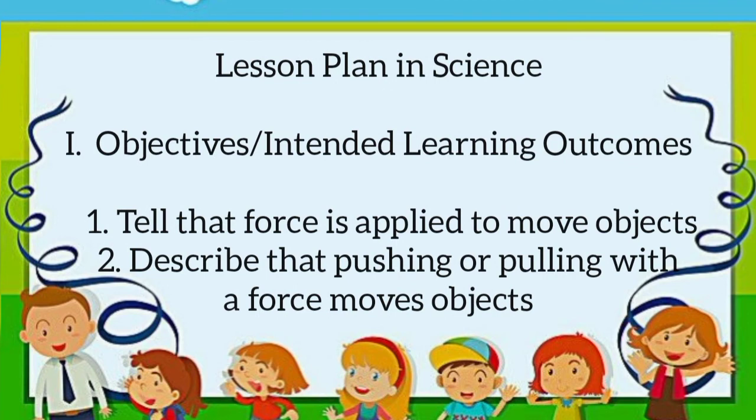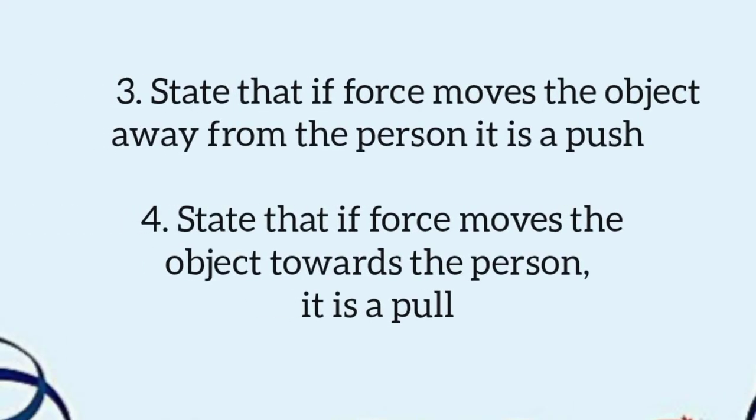The first part is the objectives or the intended learning outcomes, and it has four ILOs, which are: tell that force is applied to move objects, describe that pushing or pulling with force moves objects, state that if force moves the object away from the person, it is a push, and state that if the force moves the object towards the person, it is a pull.